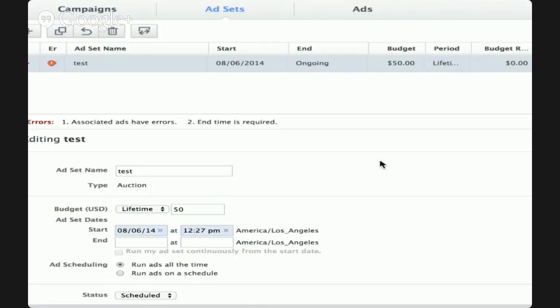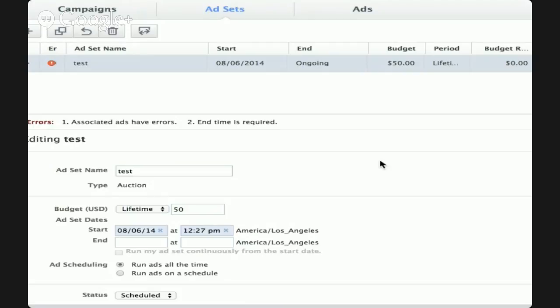Now, they could spend that all in one day, but presumably what it means is, because you're allowed to schedule the ads now, you're telling Facebook, look, this is the only time I want you to run those ads, and therefore I want you to spend that money during those times only, which means your ads are most likely going to be much more effective and could potentially cost you less and could potentially generate higher conversions on your ads because you're finding the right people based on the time of day.